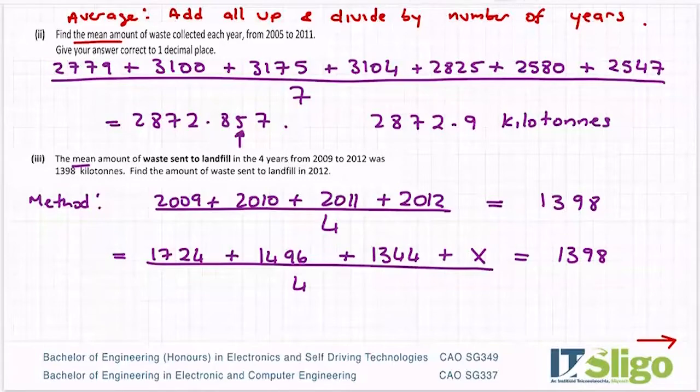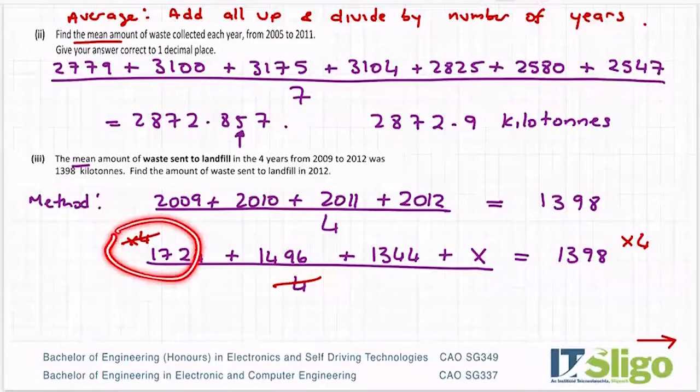You see the way it's divided by 4? If I multiply both sides by 4, why on this side? Because I want to get rid of the fraction. Why on the other side? Whatever I do to one side of the equals sign, I have to do to the other.